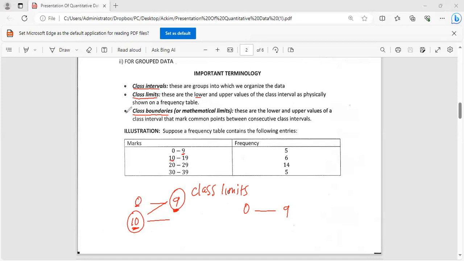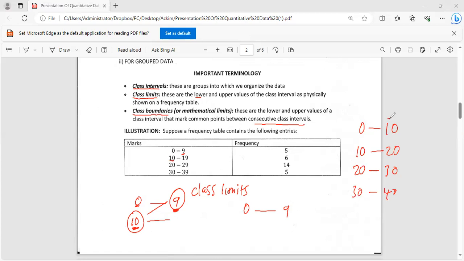Then we have the third terminology, which is class boundary or mathematical limits. These are the lower and upper values of the interval that mark the common point between consecutive class intervals. So we are saying in a case where you have from 0 to 10, then 10 to 20, then 20 to 30, then 30 to 40.